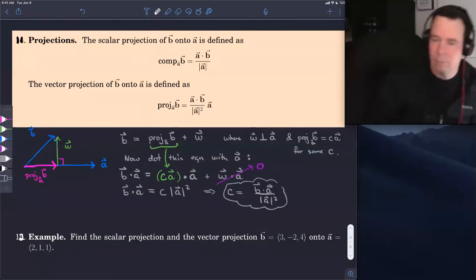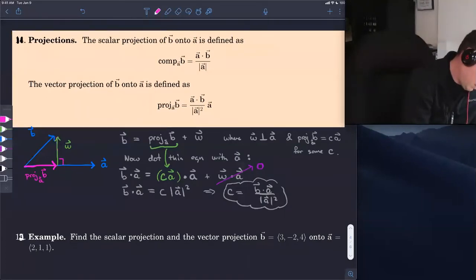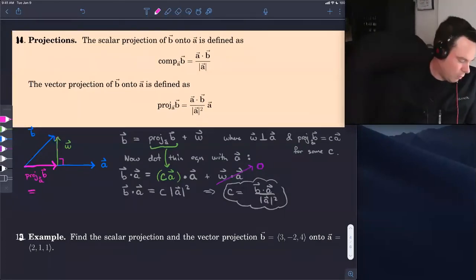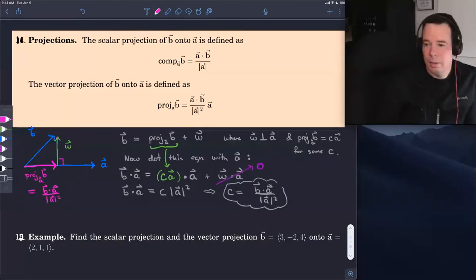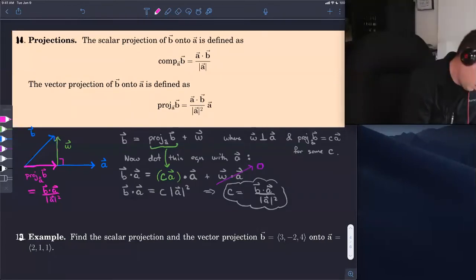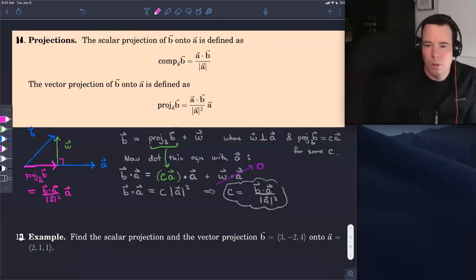That is awesome, because it tells me that this pink vector, the projection of B onto A, is precisely this C value, B dot A over the magnitude of A all squared. That was our scalar multiplied to A. And so we've precisely figured out what that projection vector is. The projection of B onto A is B dot A over the length of A all squared, times A itself.